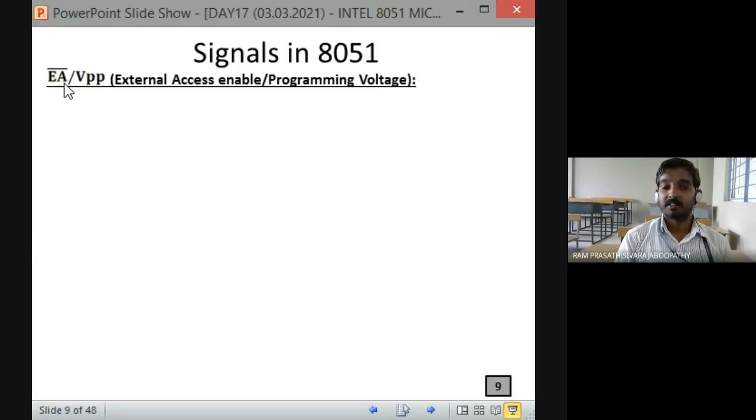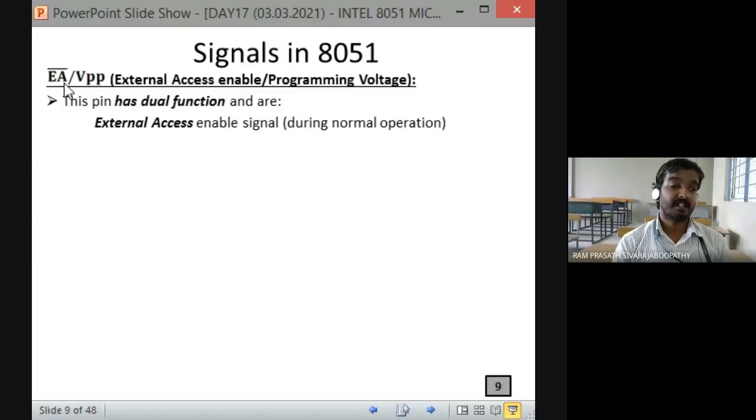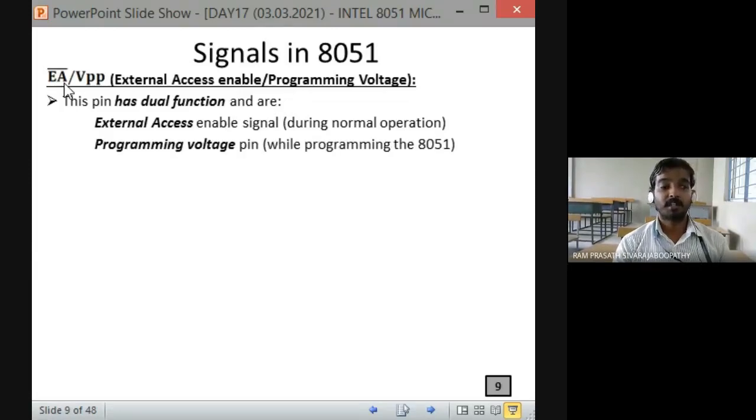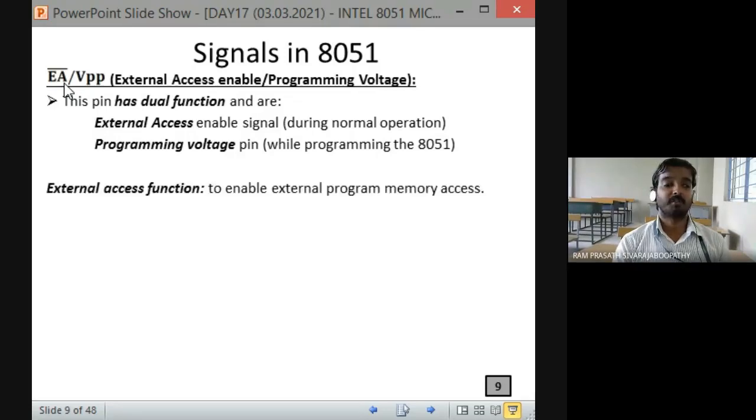Correct? Suppose you want to run the entire code from the external memory, this pin must be ground. This pin has dual function: external access enable signal during normal operation, then programming voltage pin while programming the 8051 microcontroller. So to enable the external program memory access, this pin must be connected to ground. Correct?